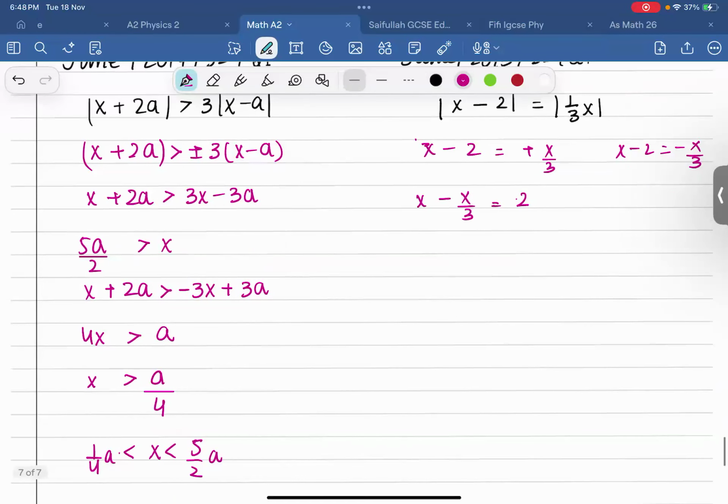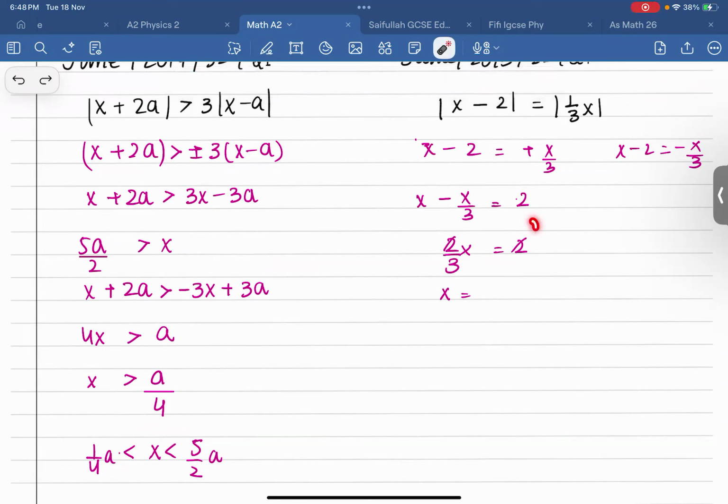So 3x minus x, so 2x over 3 is equal to 2, and x would be equal to, canceling from the right hand side and left hand side, it will be 1 always, right?